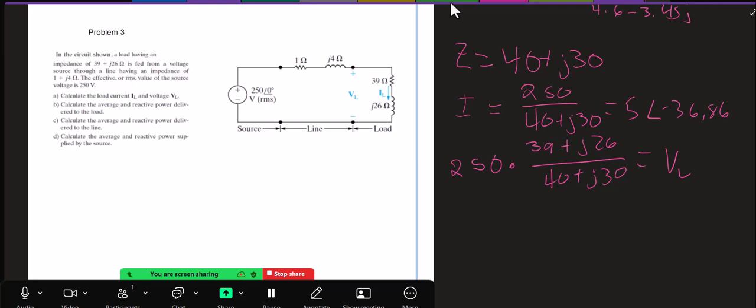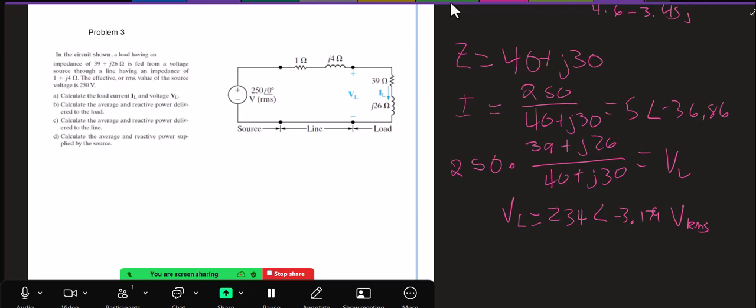And I get the load voltage is 234 angle negative 3.179 volts, and that's RMS because our source is RMS. Okay, so we did part A.